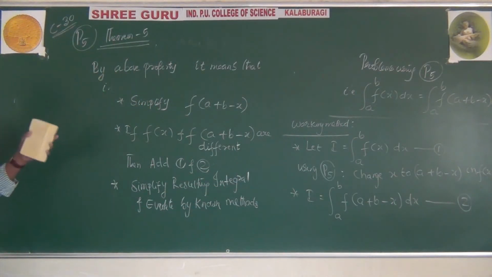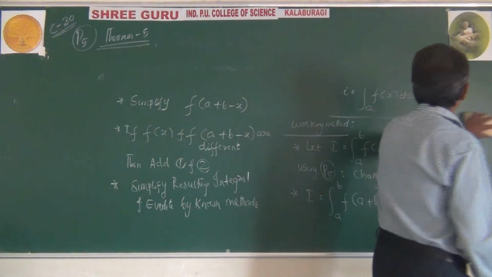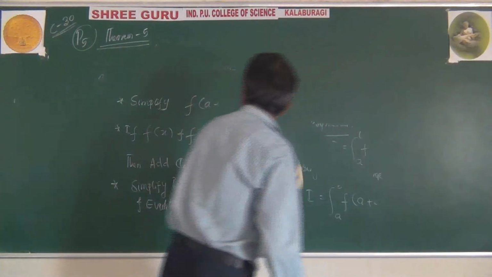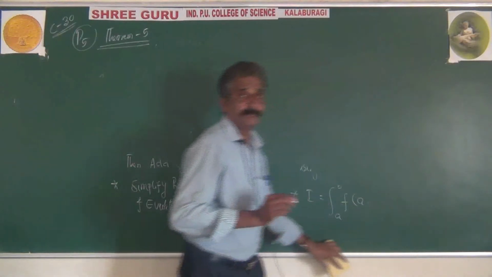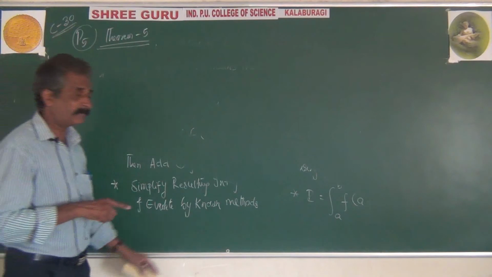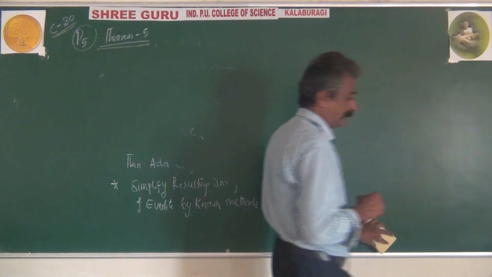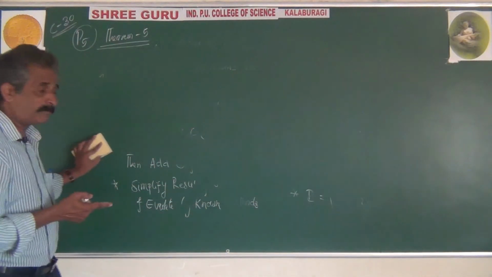Let's have problems on this property. First problem. I already told you that in the exam, whichever property they give, there will be a problem based on that property. You will not get a problem other than that. So don't worry.